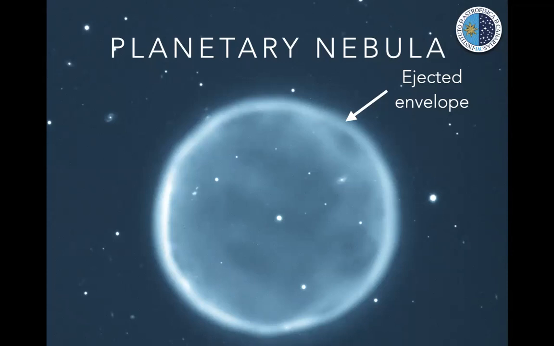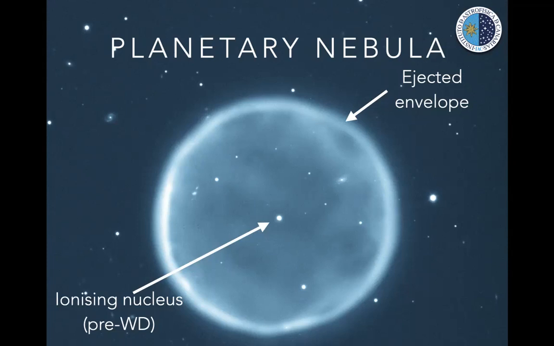When a sun-like star reaches the end of its life, it throws off its outer envelope, and these outer layers are then ionized by the now exposed core, which becomes much hotter. So it ionizes this shell, and we see the shell as the planetary nebula. So they are the ionized outer layers of sun-like stars, which are thrown off at the end of their lives.